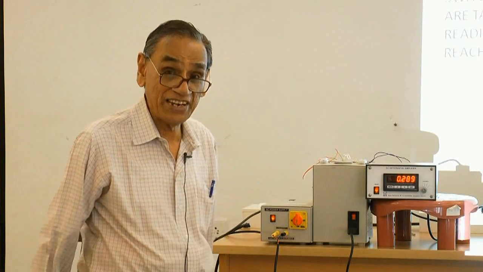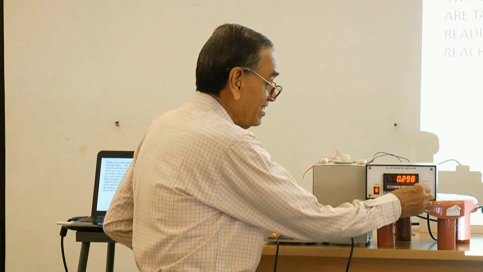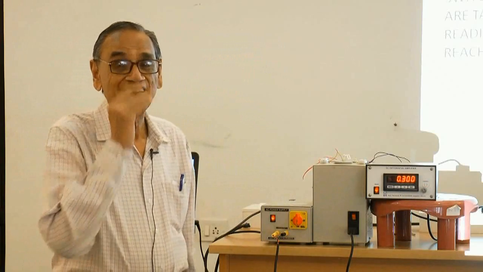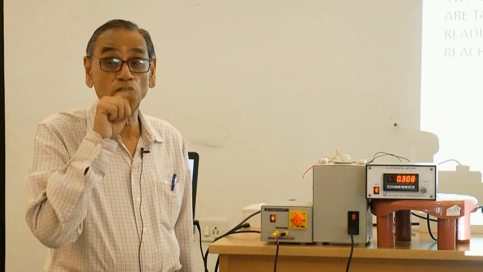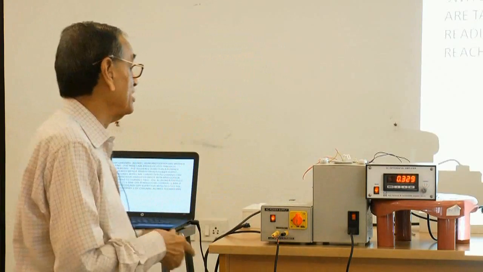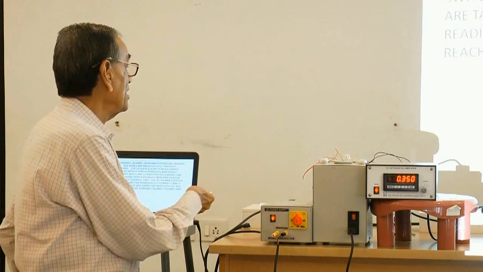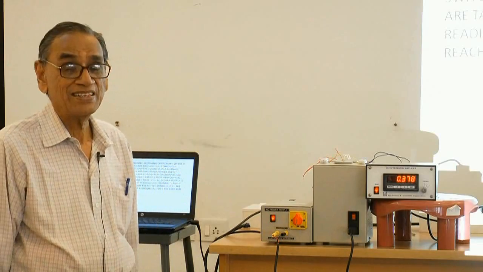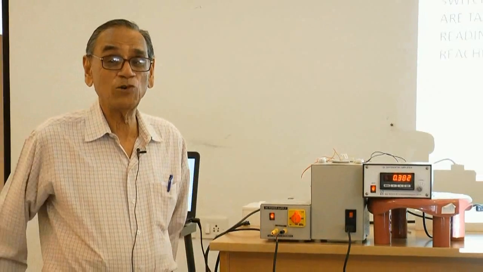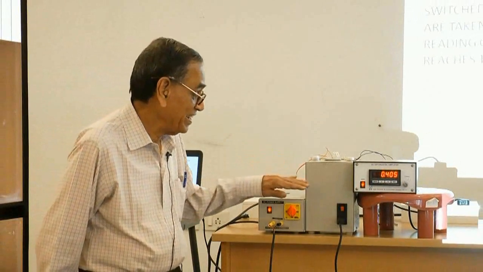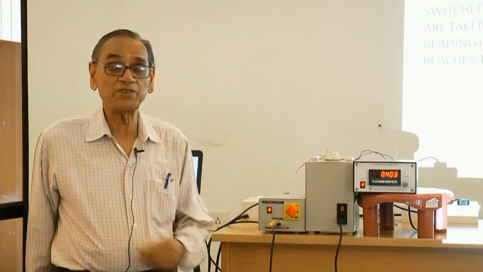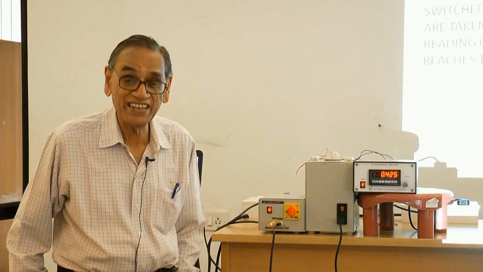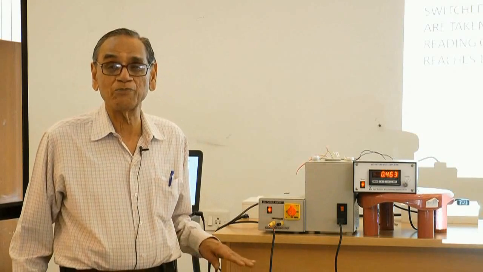Take the reading every 5 minutes till the chromel alumel reading reaches a value 14 millivolts or 16 millivolts. That means 16 millivolts means that the welded spot is at a temperature 400 degrees above room temperature.